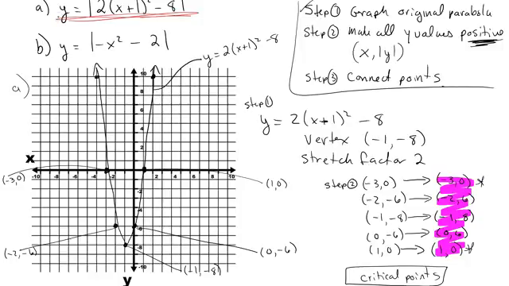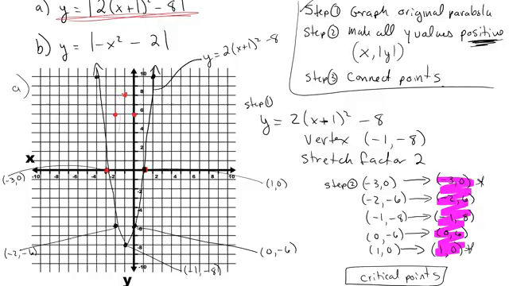My -3, 0 stays -3, 0. These two stay the same. Those are critical points. This one, -2, -6 becomes -2, +6. And 0, -6 becomes 0, +6. And the middle one, -1, -8, becomes -1, +8.